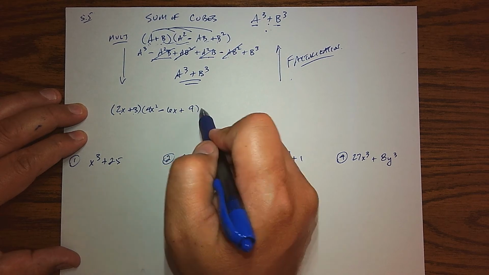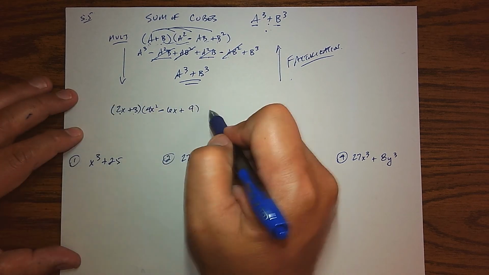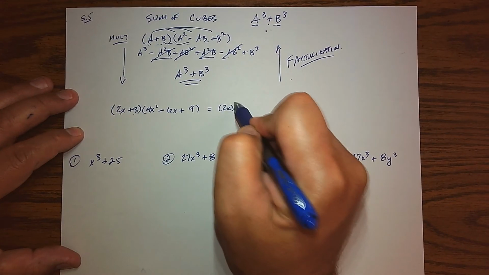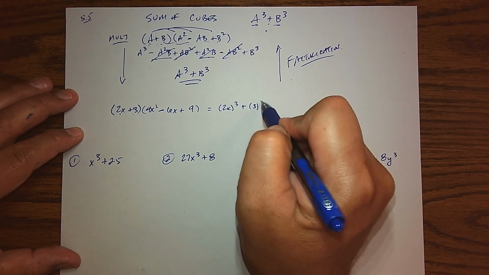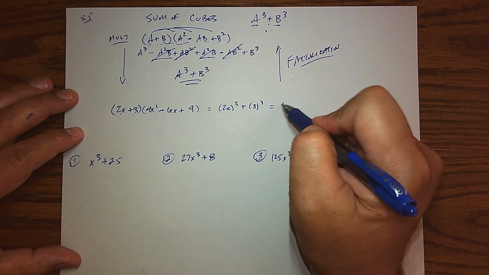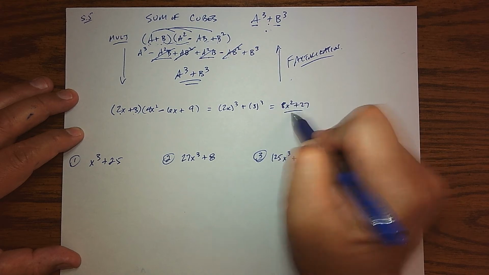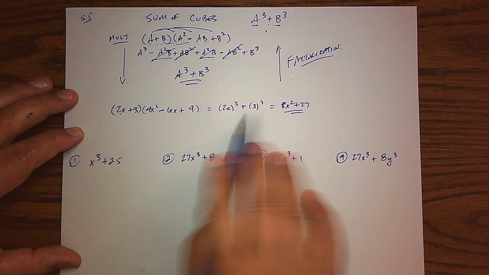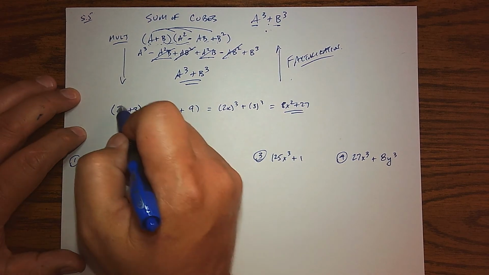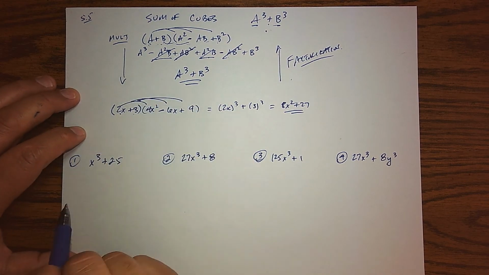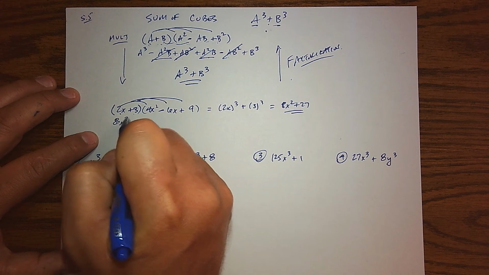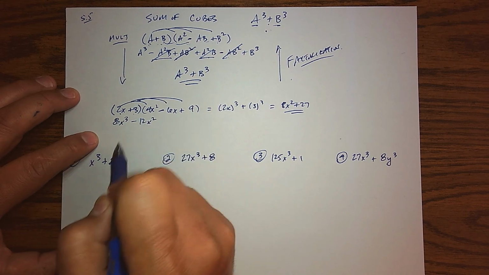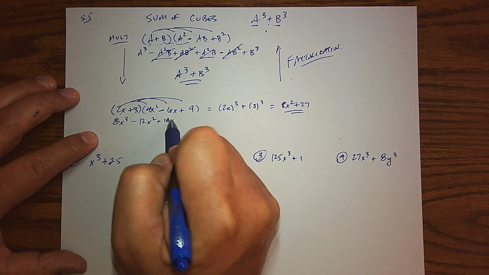And of course, if I multiply them together, what I'm supposed to get, if it follows the pattern, is 2x cubed plus 3 cubed. So I'm expecting 8x cubed plus 27 out of all this. So let's multiply it to see if my expectations ring true. If I multiply by distributing the 2x, I get an 8x cubed, I get a negative 12x squared, and I get a positive 18x.